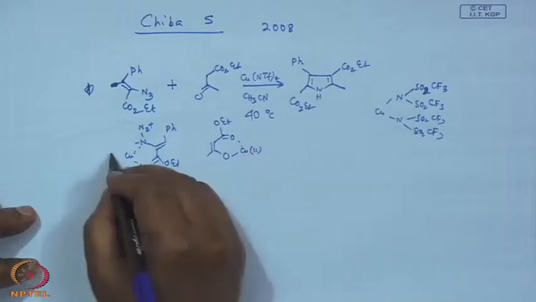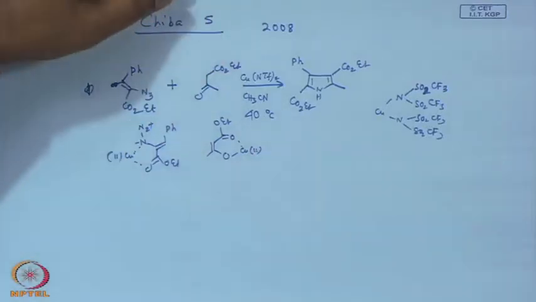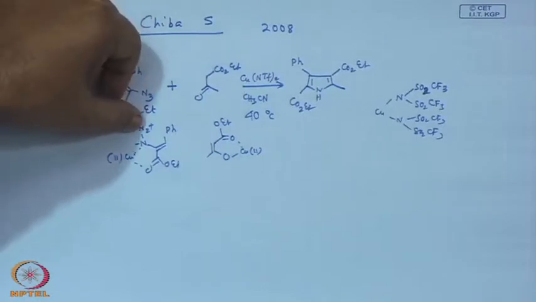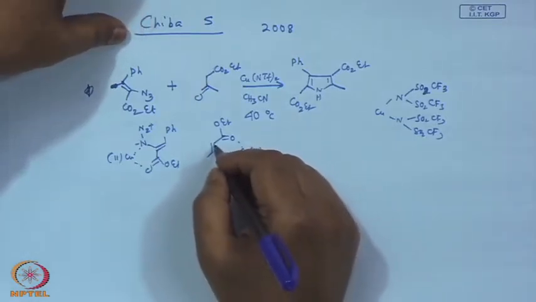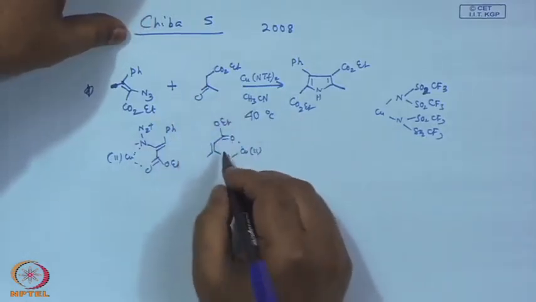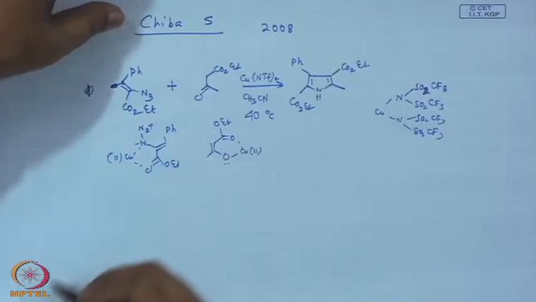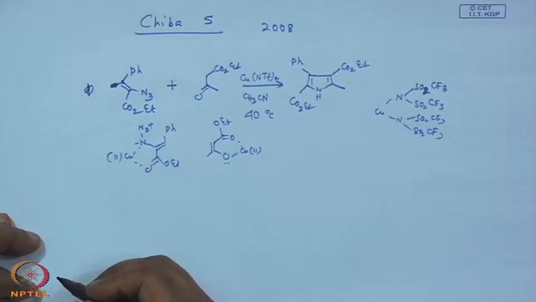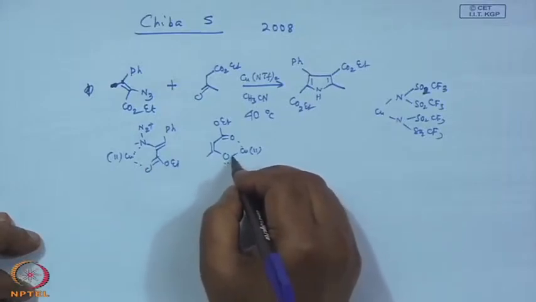Basically it activates this azide, and so it weakens this nitrogen bond here, and on the other side, it makes this 1,3-diketone more nucleophilic. As we are used to the electron bookkeeping, this is the oxygen minus, if you consider oxygen minus.